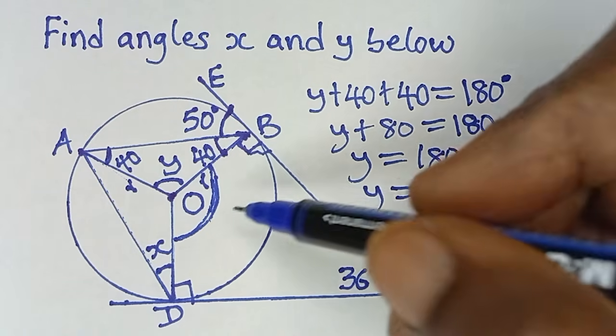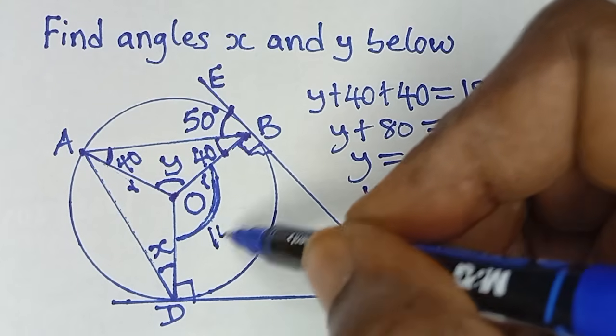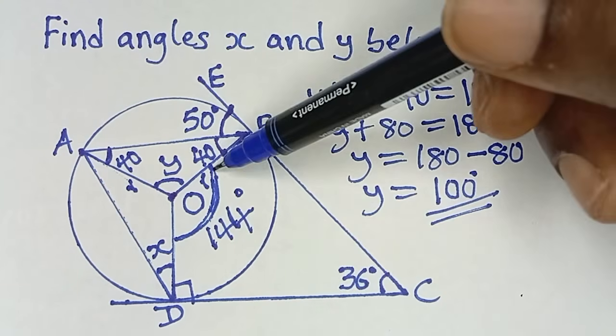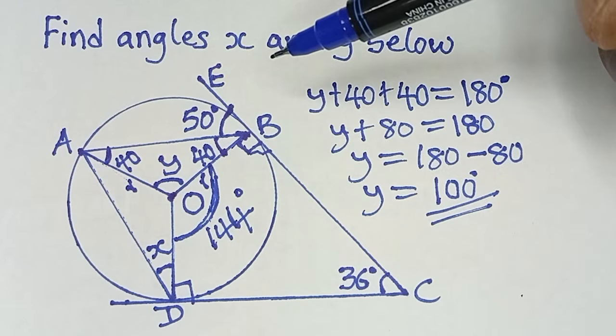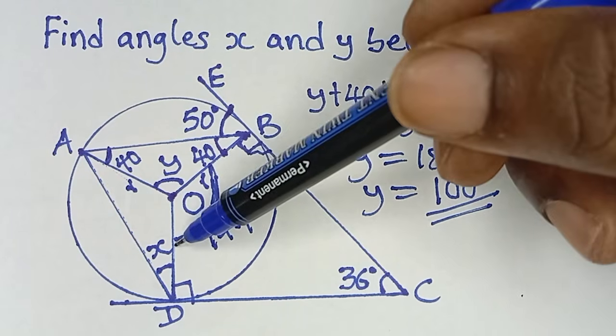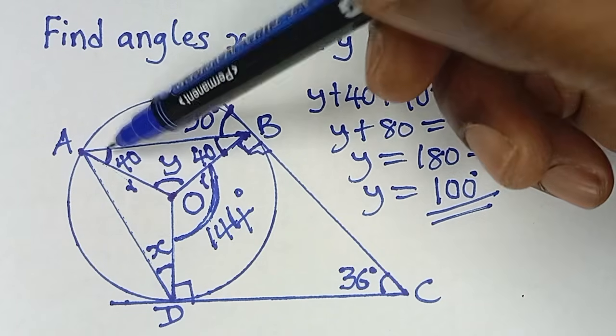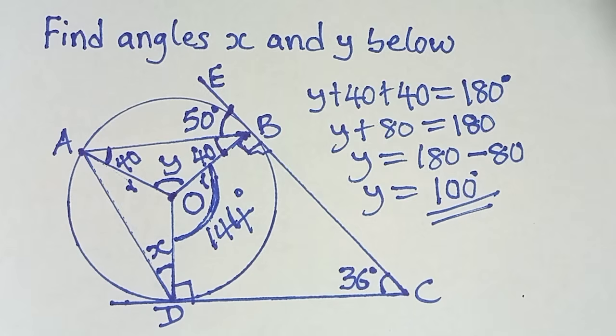And that will give us 144 degrees. So this angle at the center here is 144 degrees. Then if the angle at the center is 144, then I want to believe you agree with me that this is the angle at the circumference. Don't forget that.